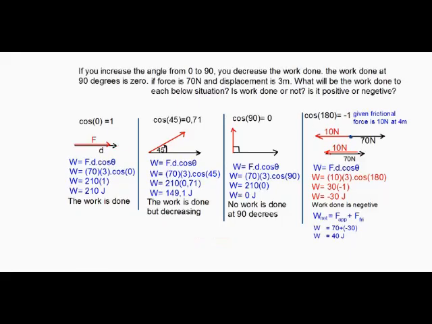But if there is an angle between the displacement and the force applied, the work done will decrease little by little. Here the work done is just 210. If the angle between the force and the displacement is 0, then the work is 100% done, because there is no angle between the displacement and the force.